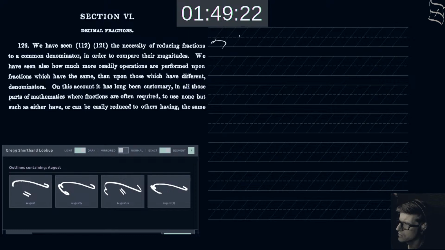Section 6, decimal fractions. Decimal. Ooh. Decimal. That's a new word now. That does not look right. Something tells me it's much easier.